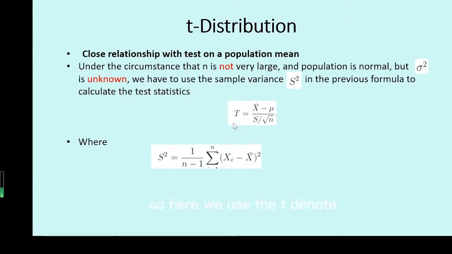So here we use t to denote the sample average minus the population mean, divided by the sample standard deviation over the square root of n. Here the sample variance s squared equals the sum of squared deviations of the sample from the sample average, divided by n minus 1.